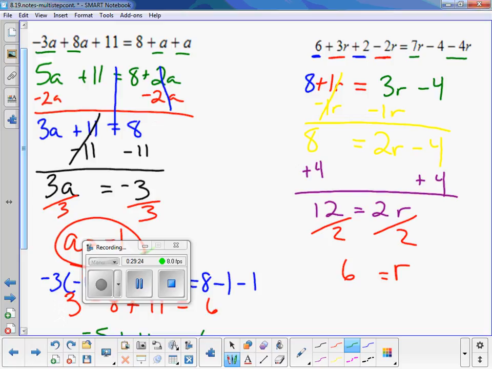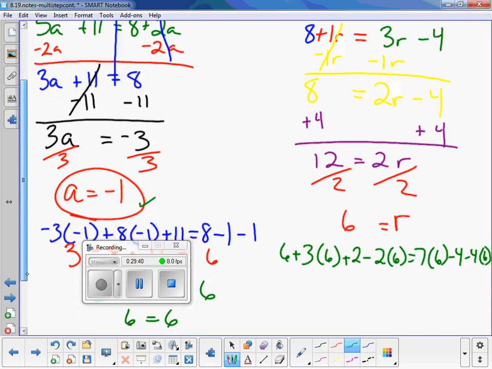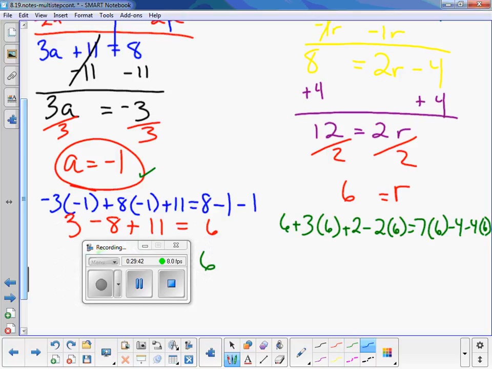So I will say 6 plus 3 times 6 plus 2 minus 2 times 6 equals 7 times 6 minus 4 times 6. Wow, about ran out of room there. Okay, so going from left, I got 6 plus 18 plus 2 minus 12 equals 42 minus 4 minus 24.